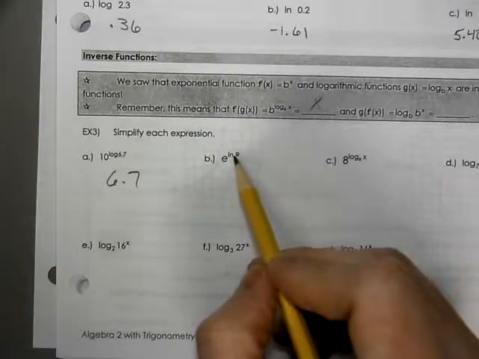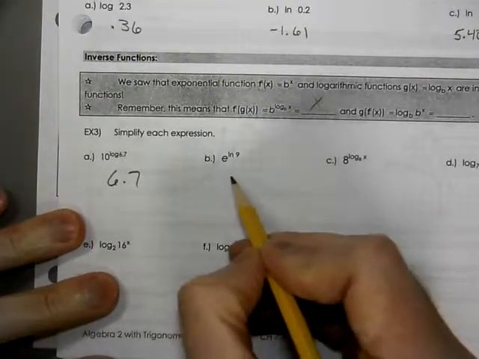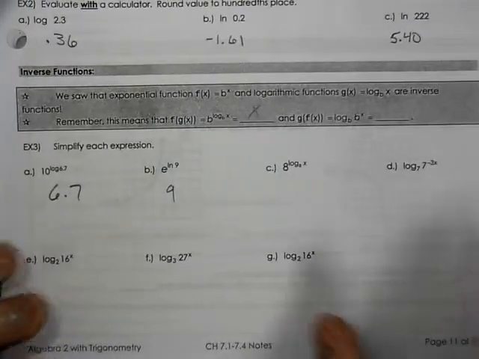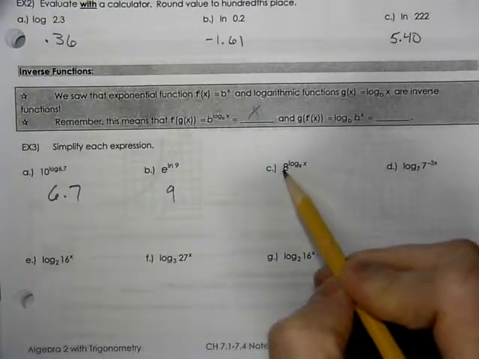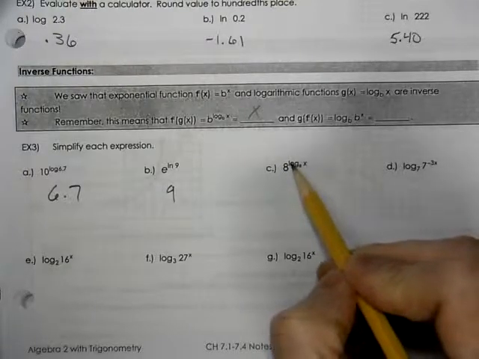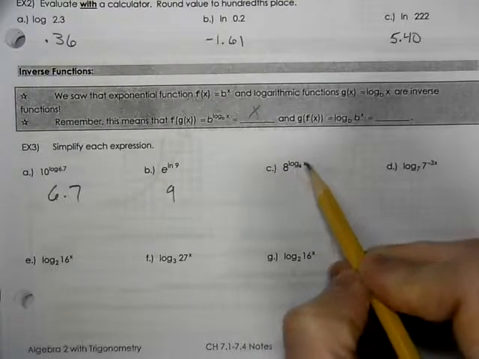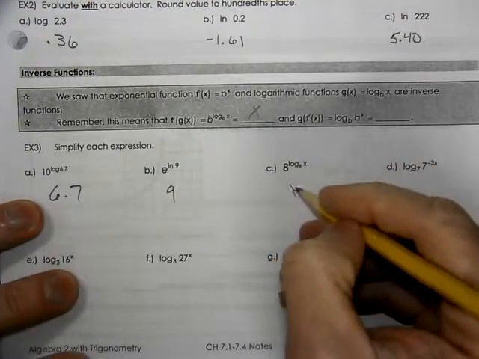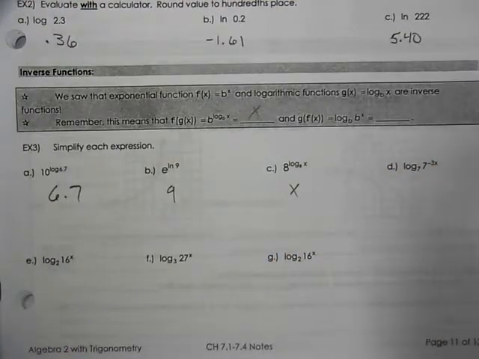So they match. So the answer is 9. Exponential again. Exponential base is 8. You know the logarithm base is 8. So your answer is what you're taking the logarithm of. In this case, it's 9.